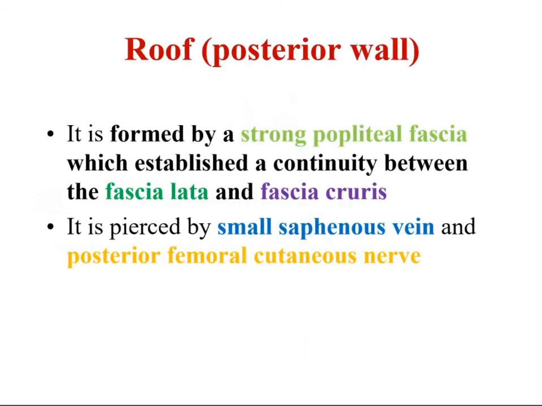Then we have the posterior wall or the roof. Now I think you can imagine how it is forming the roof or the posterior wall. Okay? So the roof is formed by strong popliteal fascia which establishes a continuity between the fascia lata and the fascia cruris. Fascia lata is the fascia of the thigh and cruris is the fascia of the leg.